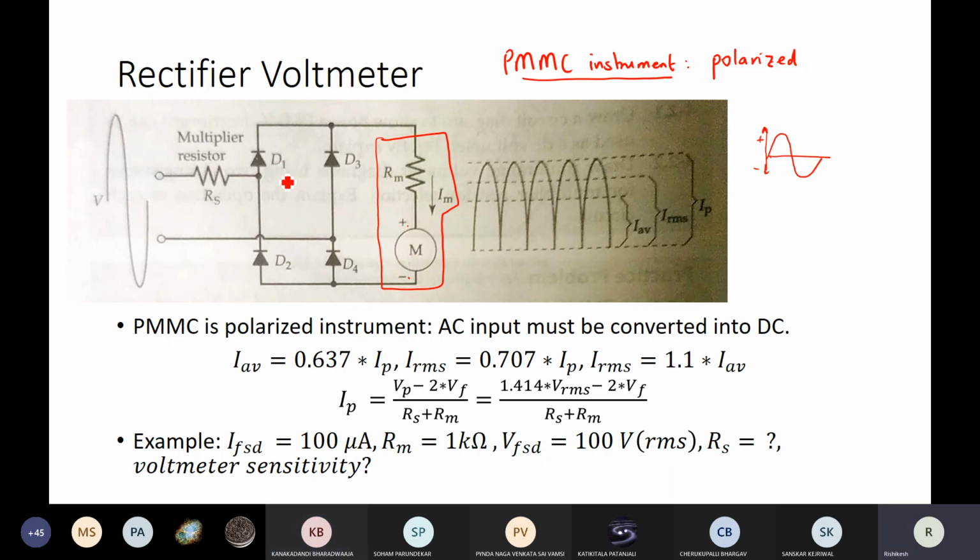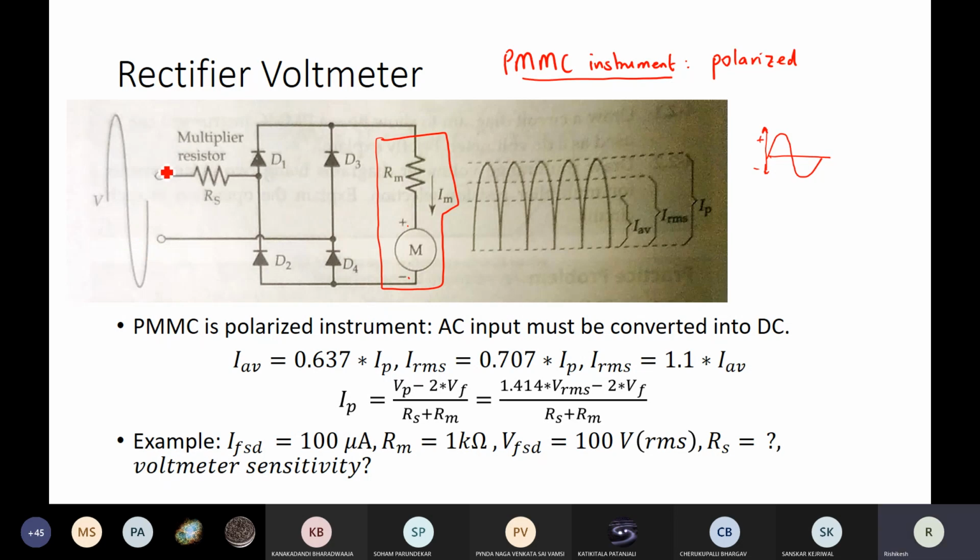So you can easily make out that this is a full wave rectifier circuit which utilizes four silicon or germanium diodes, where diodes D1 and D4 conduct during the positive half cycle of the input AC quantity.